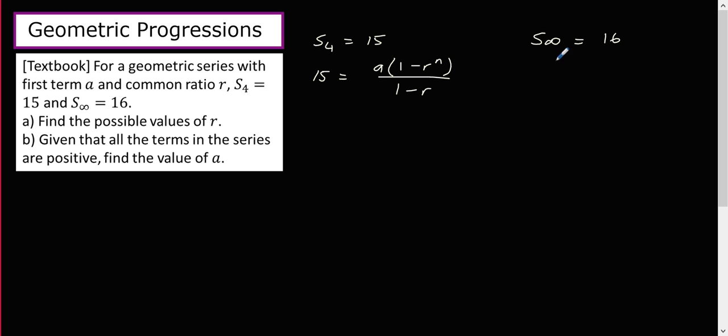which means we can use our other formula to write down that sum. So all we're going to do now is solve simultaneously. All right, so we've got our equation 1, we've got our equation 2. You can probably see that we can substitute equation 2 into equation 1.